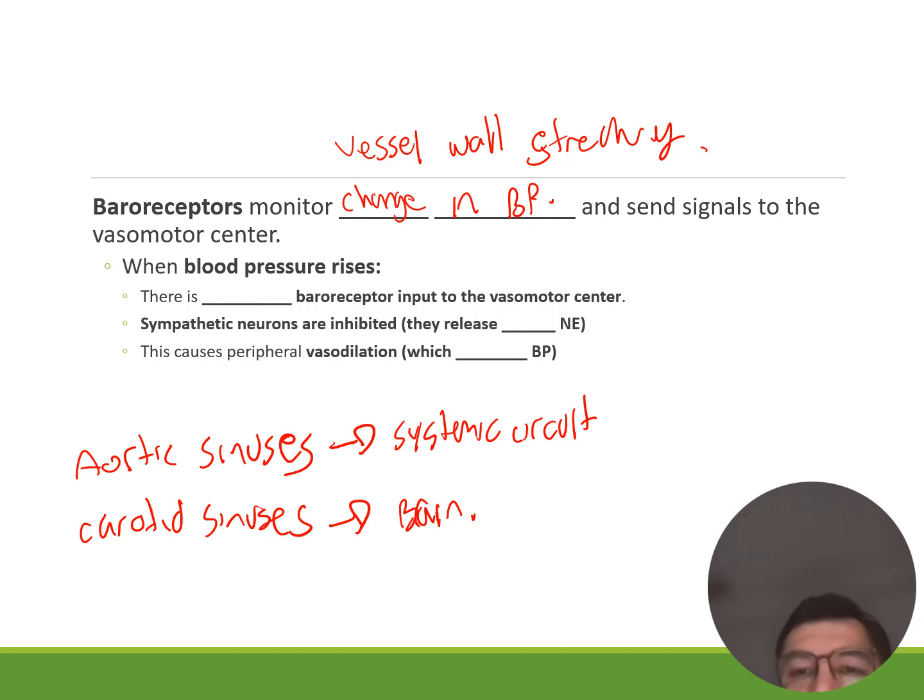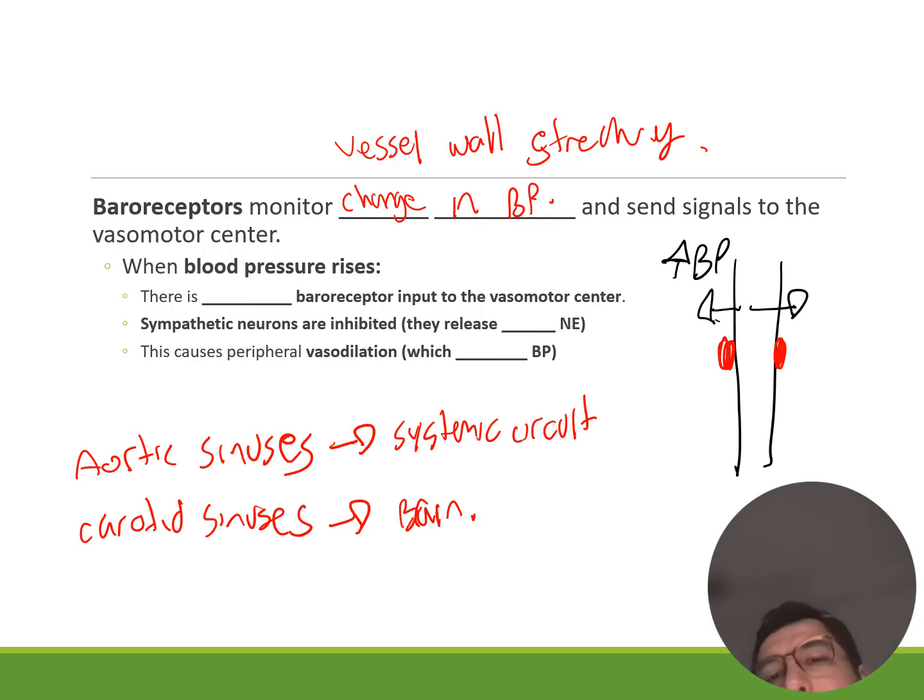So as we picture, there is this vessel, and we have our baroreceptor within that vessel. When we have an increase in blood pressure, there will be more pressure going through this vessel itself, and there will be more force pushing that vessel, stretching that vessel wall.